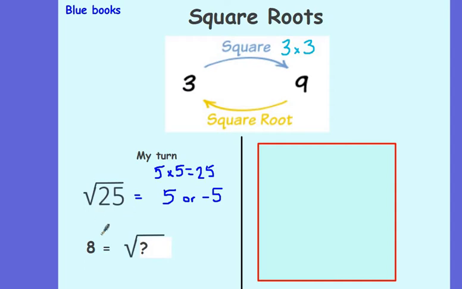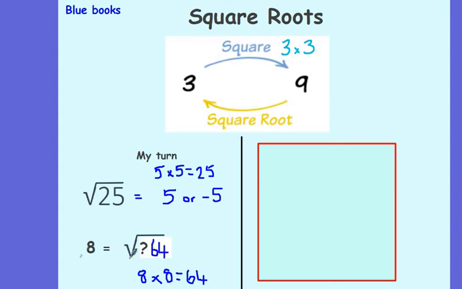My next question, I've said 8 is the square root of what? So this time we're saying 8 times 8 gives me what? 8 times 8 gives me 64. So 64 goes underneath that square root sign. The square root of 64 is 8.